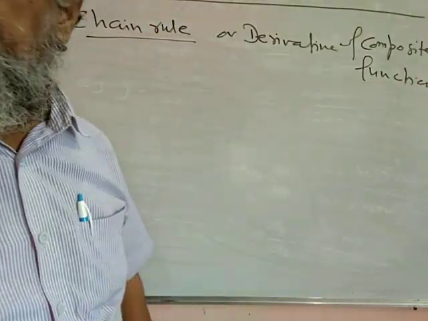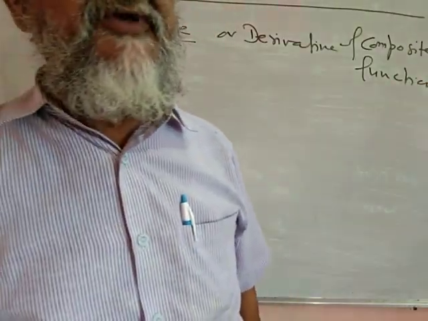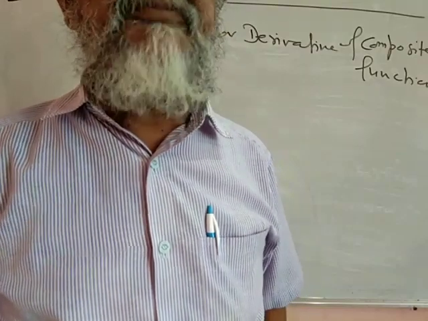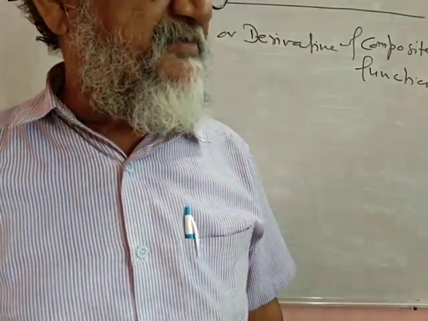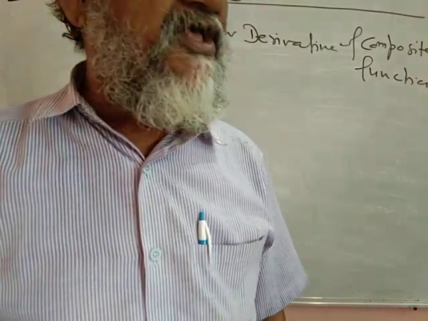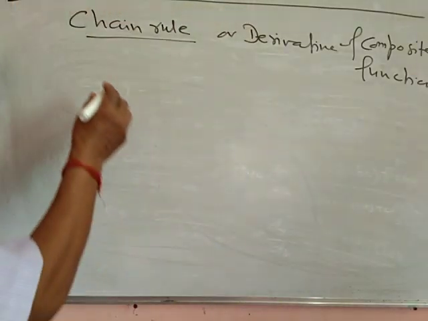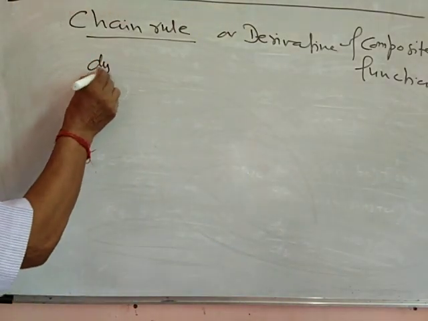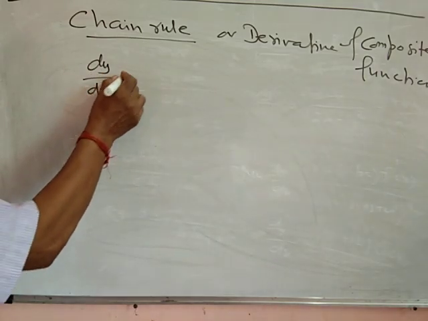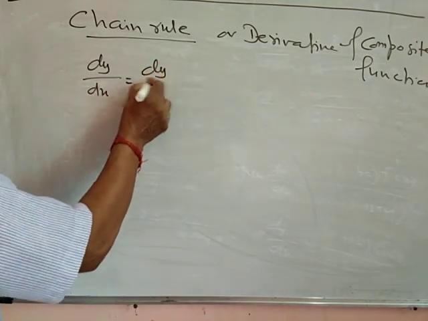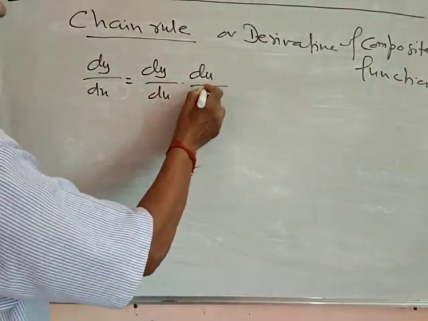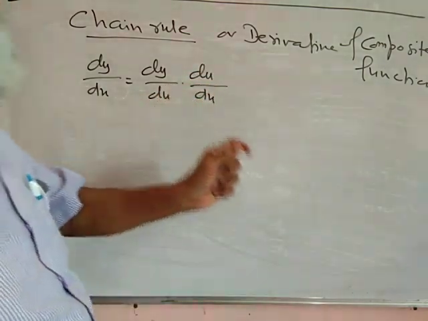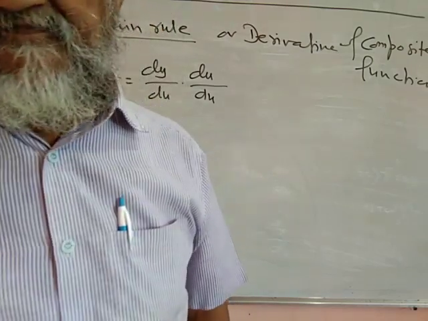So always remember one thing, while differentiating, you have to differentiate each and every term, whatever comes in front of you. So dy by dx is equal to dy by du into du by dx. This chain can be made very long.